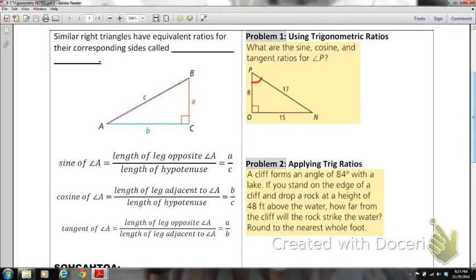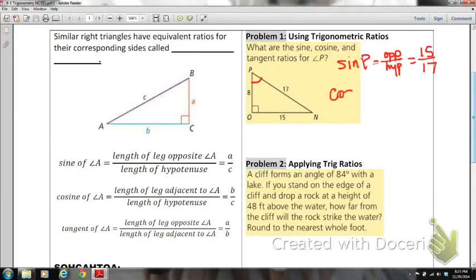So the sine of angle P, sine is opposite over hypotenuse, and the opposite side, opposite angle P, is 15, and the hypotenuse, which is always the side opposite the right angle, is 17. So that's all you need to write for the sine ratio for angle P. The sine of angle P is 15 over 17. It's a ratio of the opposite over the hypotenuse from the perspective of angle P.